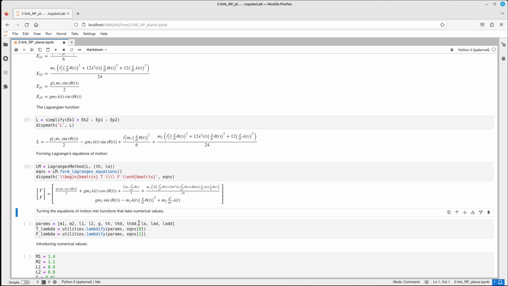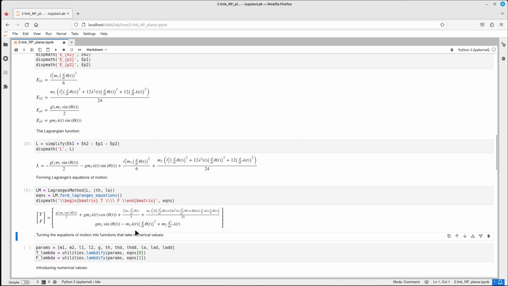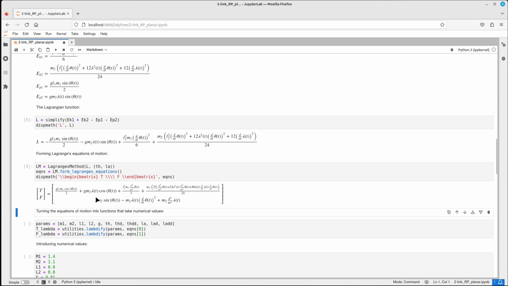Okay, so now we're kind of done with the symbolic part, using SymPy basically. Now we go over to NumPy. So the first thing to do is to turn the equations of motion into functions that take numerical values. So basically we take these equations, the one for t and the one for f, and we make them accept numerical values.